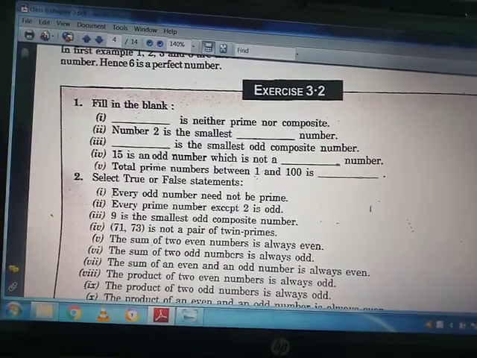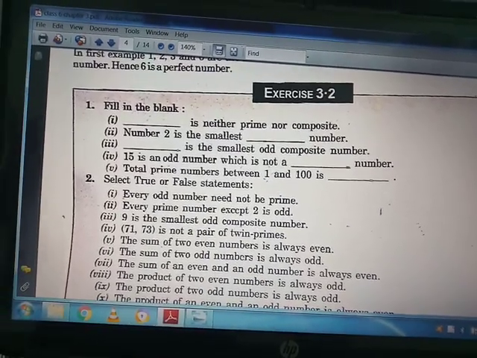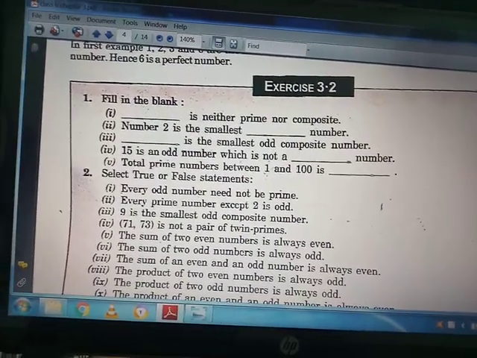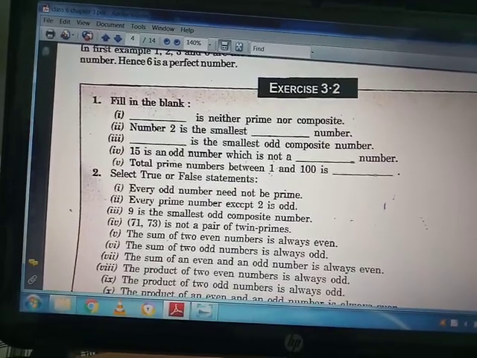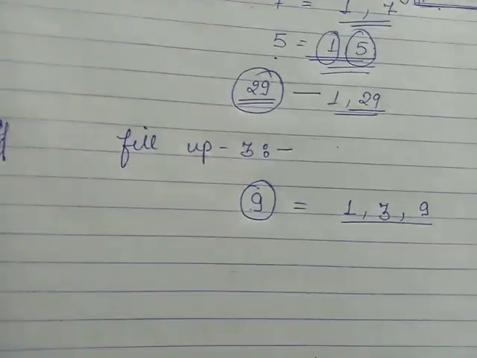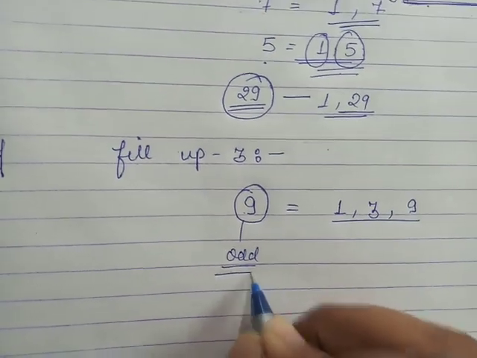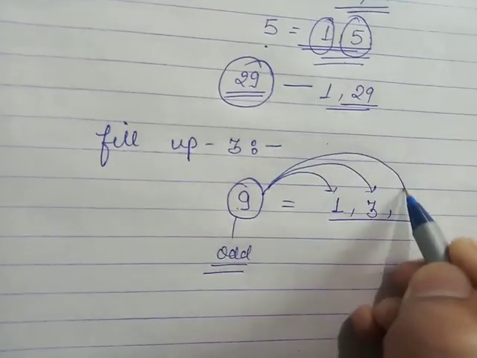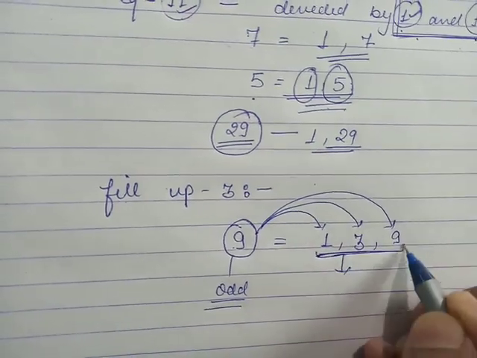The third one is: dash is the smallest odd composite number. Basically the number should be odd, and its factors should also be odd numbers. The answer of the third fill up will be 9, because 9 is an odd number, and it has factors 1, 3 and 9, all of which are odd.